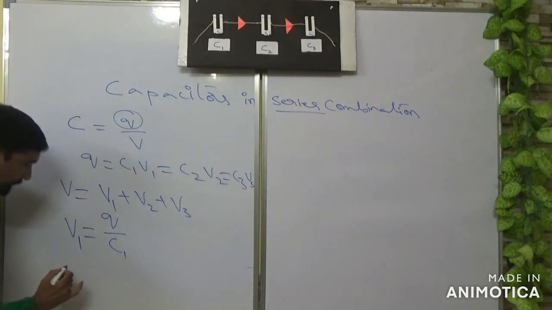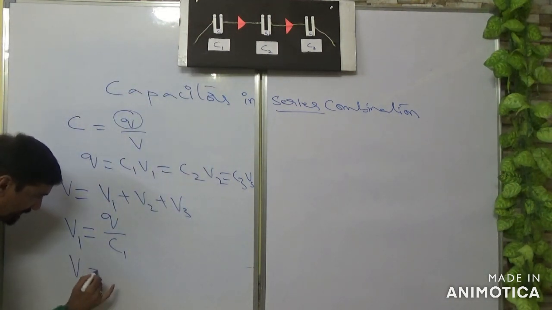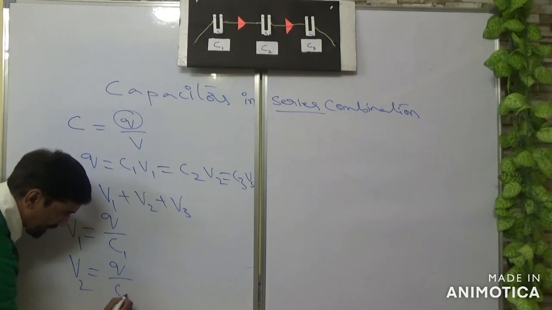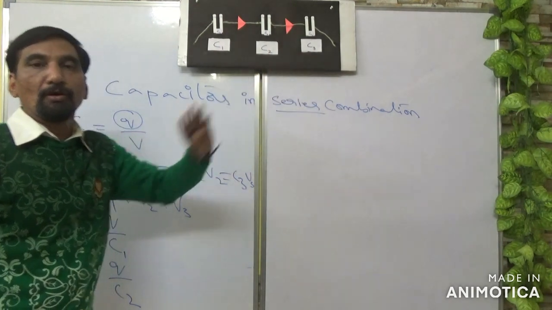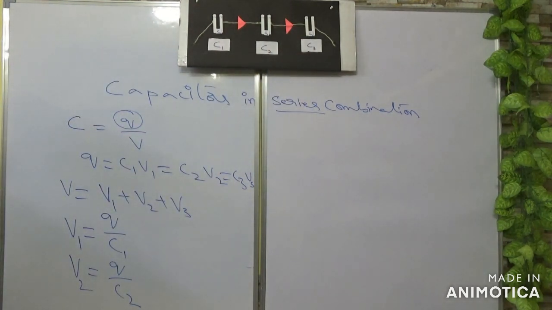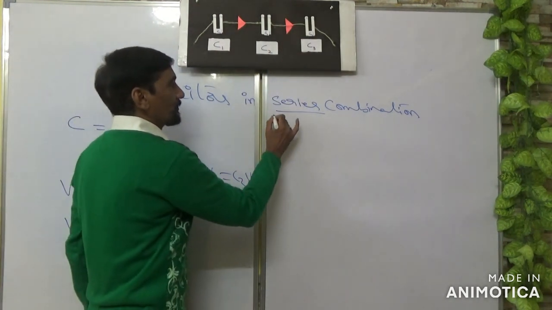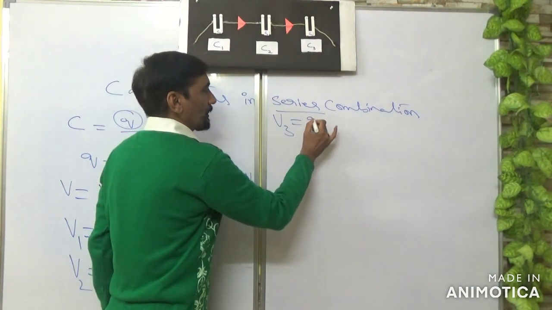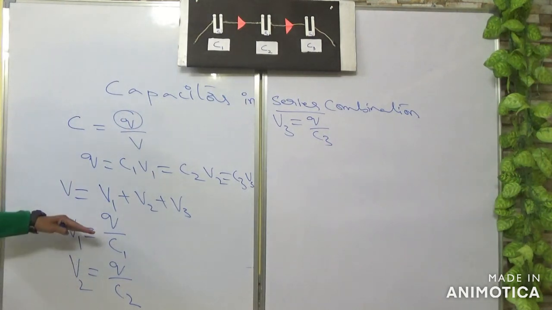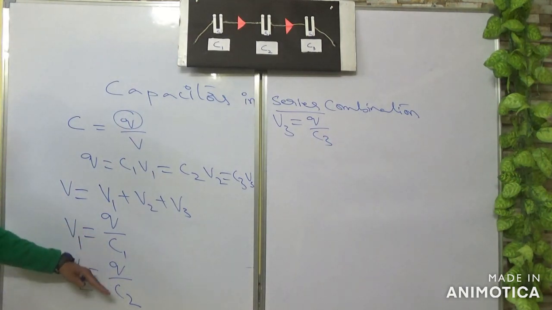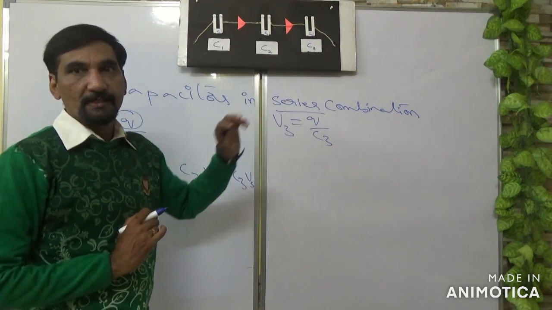For the second one, V2 equals Q by C2, because in series combination the charge on each plate remains the same. V3 equals Q by C3. So V1 is Q by C1, V2 is Q by C2, V3 is Q by C3.